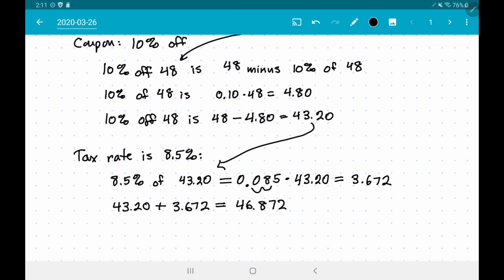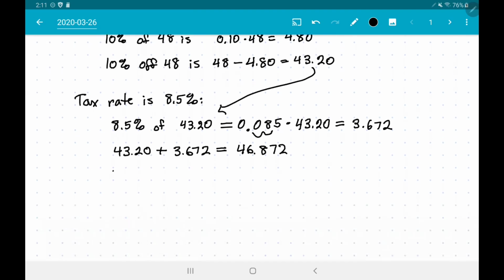Usually prices like this are going to be rounded to the nearest cent. So round to the nearest cent, and the final price will be $46.87.